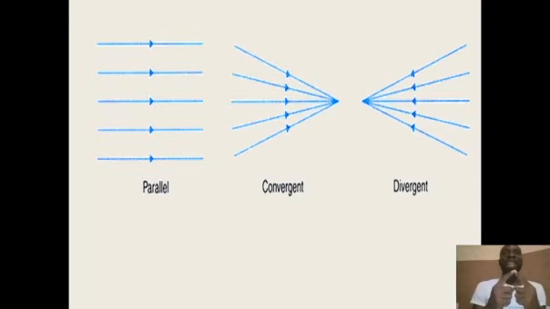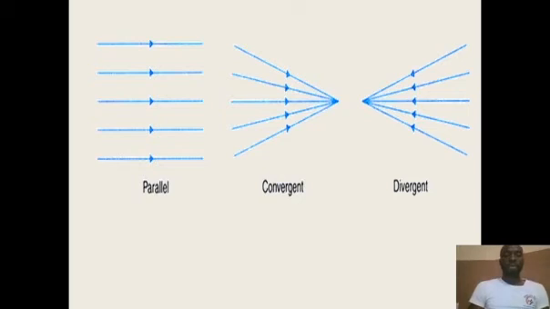That is why we say they are parallel. Remember from your mathematics, parallel lines are lines that cannot meet each other. So these are called a parallel beam of light because they cannot meet each other. You see how they are moving from their source to another location.